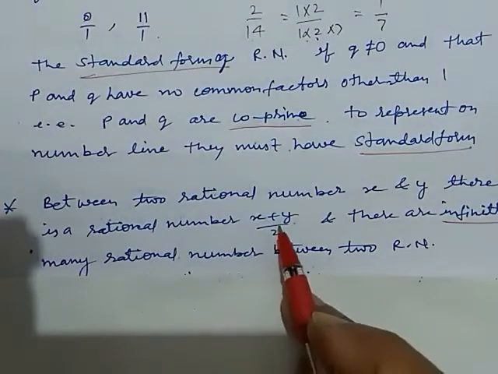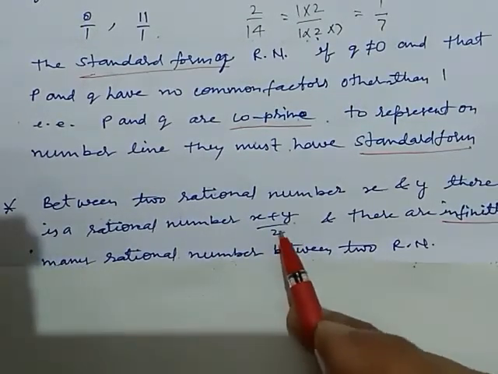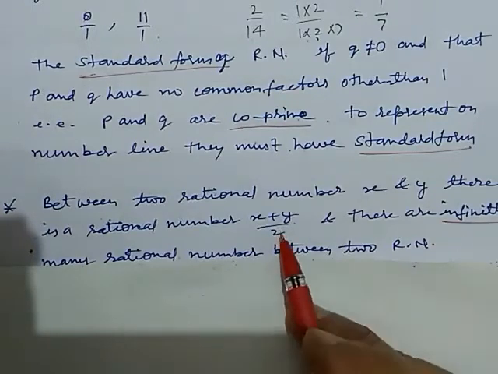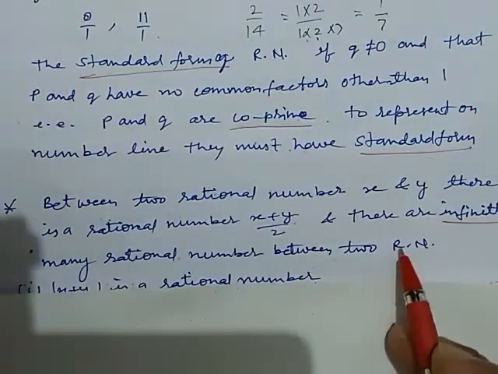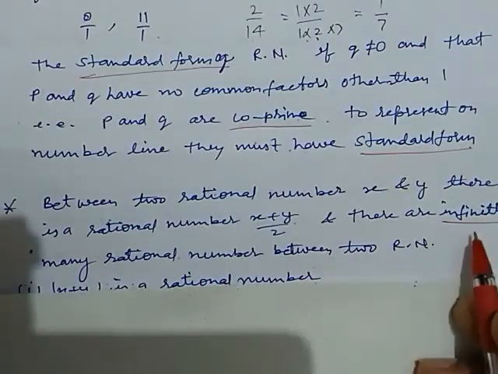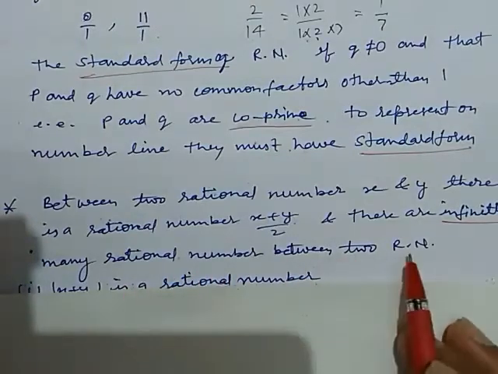Because as we consider their mean, we get a new rational number, we can insert a rational number between two numbers. That's why we say there are infinitely many rational numbers between two rational numbers.